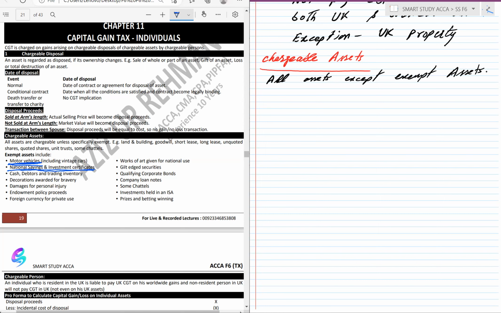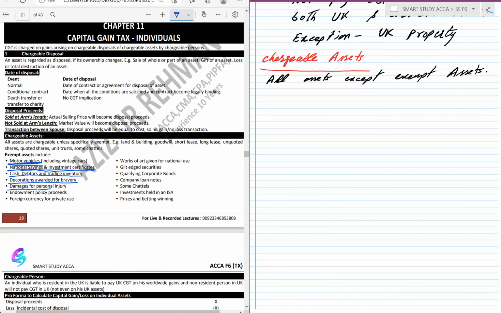All the current assets are totally exempt. Cash, debtors, inventory. So these are basically current assets. All the current assets are totally exempt. Decorations awarded for bravery, for example, any kind of medal, are totally exempt.